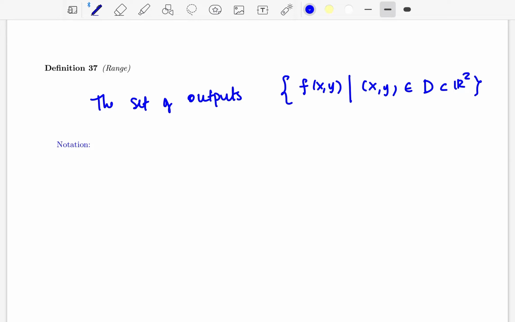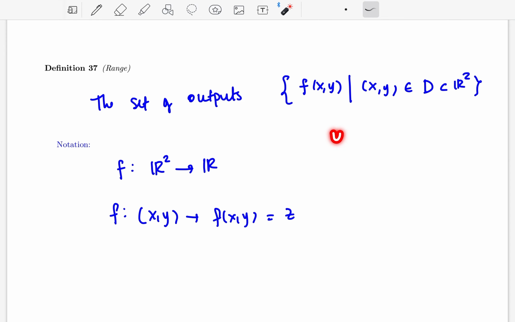The notation is f goes from R2 to R, which is the same as saying, one more time, I take (x, y) going to f of (x, y), which is equal to z. Perfect. So literally, we know what y equals f of x is. Now y is also an independent variable, and we're calling z that output that comes from plugging x and y into the function f. Okay.